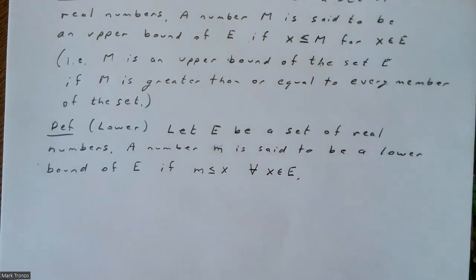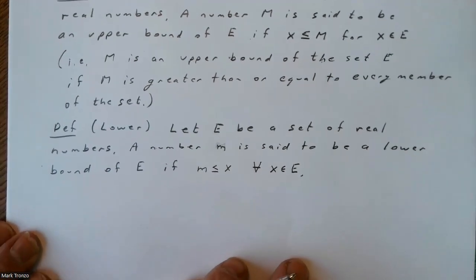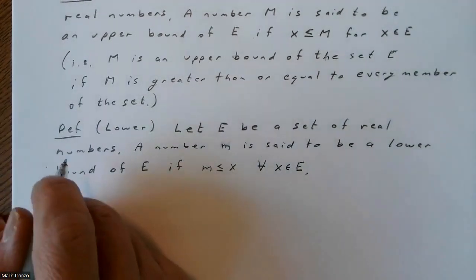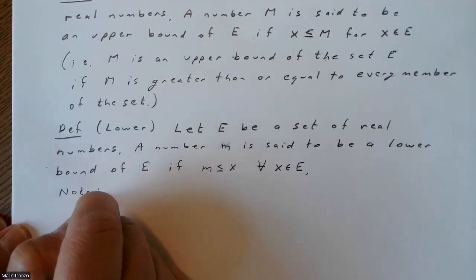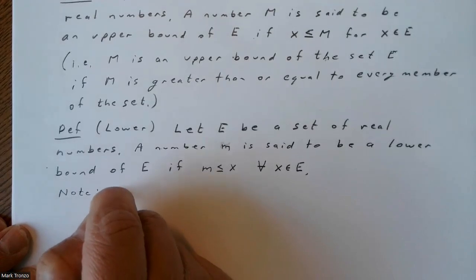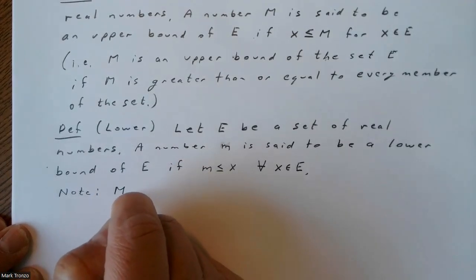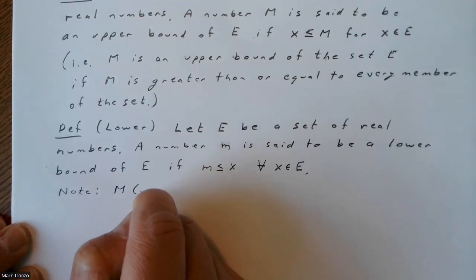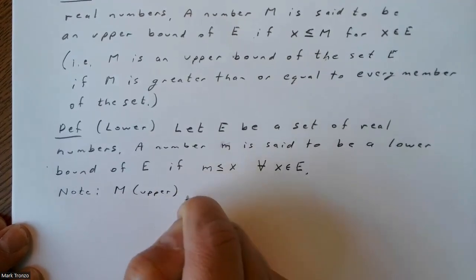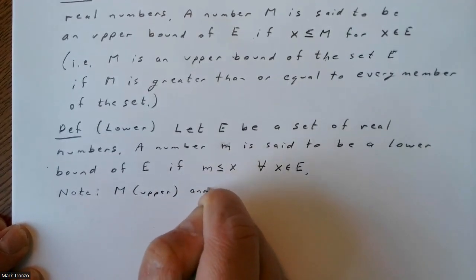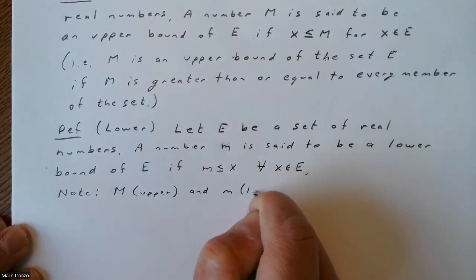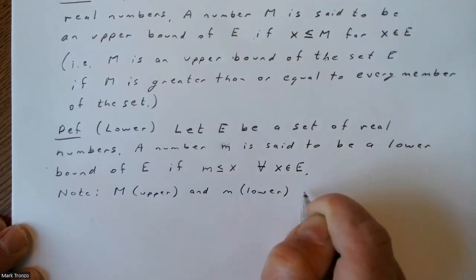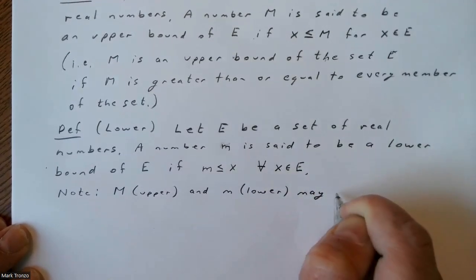Yes, ma'am. It could be. It doesn't have to be. It could be. Yes, that's right. Yeah, that's a good question. So same with each of these. Let's note that. In both cases, the upper bound, and small m, the lower bound, may or may not be in the set.